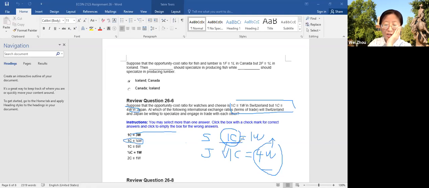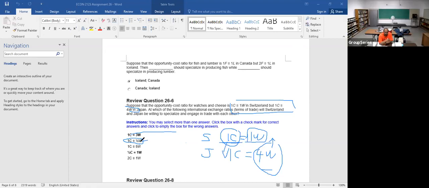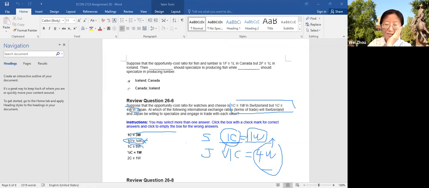Switzerland makes one cheese and sells it for half a watch. That is not going to work because it costs me one watch to make one cheese. I will not sell anything below one watch, right? Right. Okay, so that's not going to work. So let's take a look at this. If you need to buy one cheese, you need to give up 5 watch.